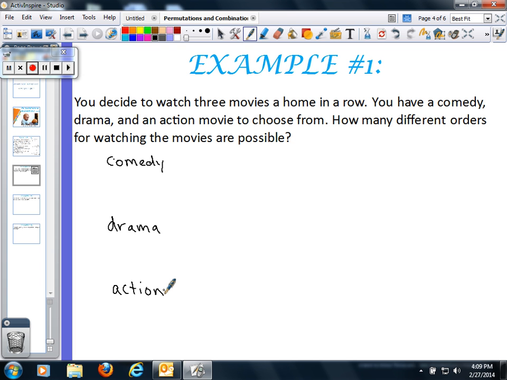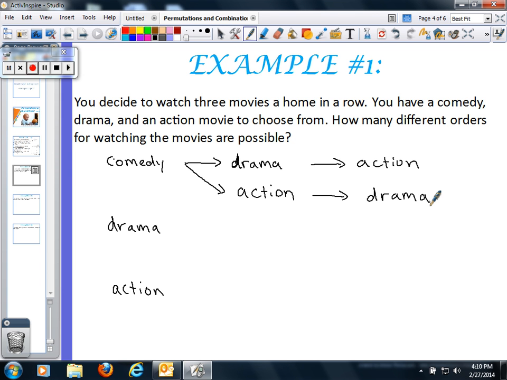This is our first movie, which means for my second movie I can choose a drama, or I can choose an action, and that means if I choose a drama, I would choose an action next. Or if I chose an action, I would choose a drama next.